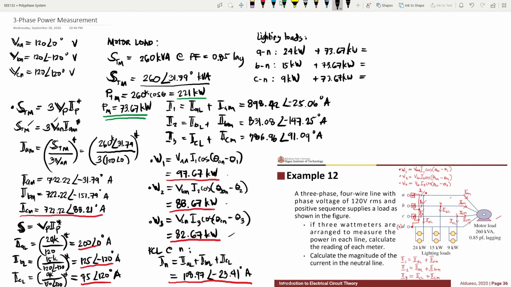Now for phase A, we have 24 plus 73.67, we have 97.67 kilowatts. For phase B, 15 plus 73.67, we have 88.67 kilowatts. Then 9 kilowatts plus 73.67 kilowatts, which is the same as this right here.